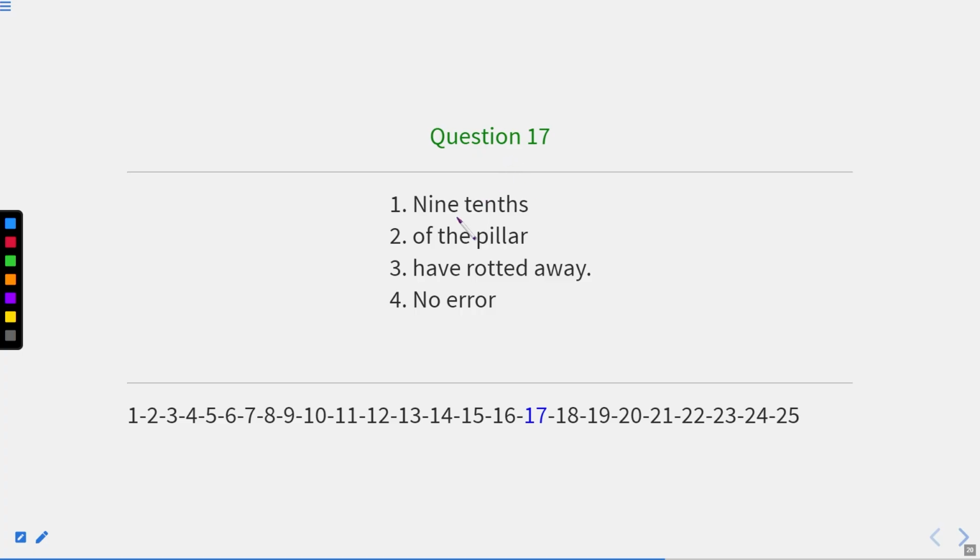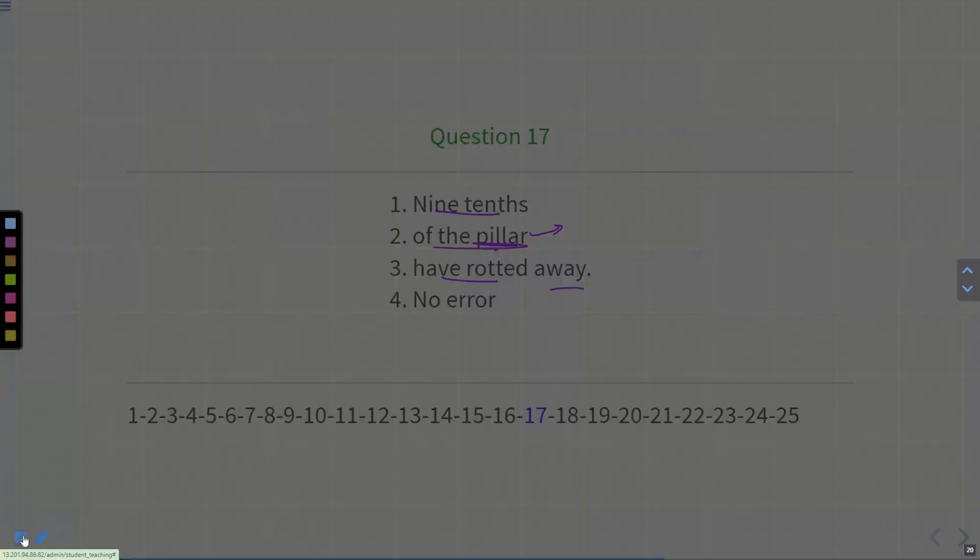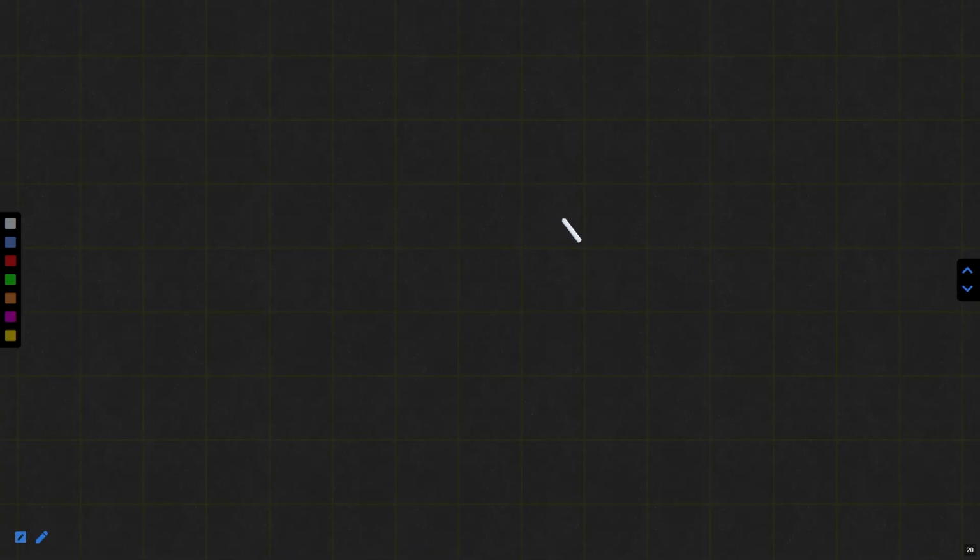Here we have question number 17. 9/10 of the pillar have rotted away. 9/10 of the pillar, it means some part of the pillar. Now pillar is actually uncountable, this is only one. Now suppose just go to some maths formula. If I say 2 of 5 of 10, okay, 2 upon 5 of 10, so we can say 5 ones are 5, 5 twos are 10, and 2 twos are 4.